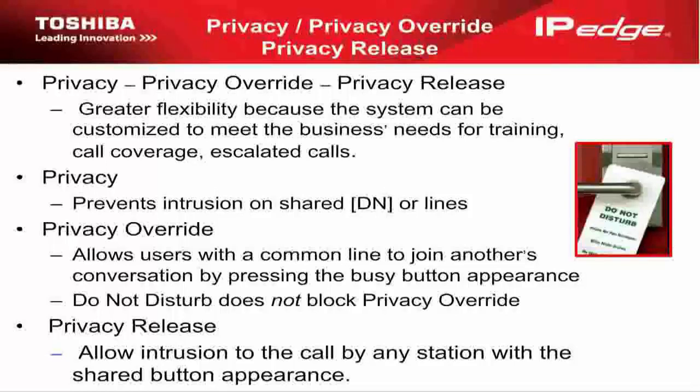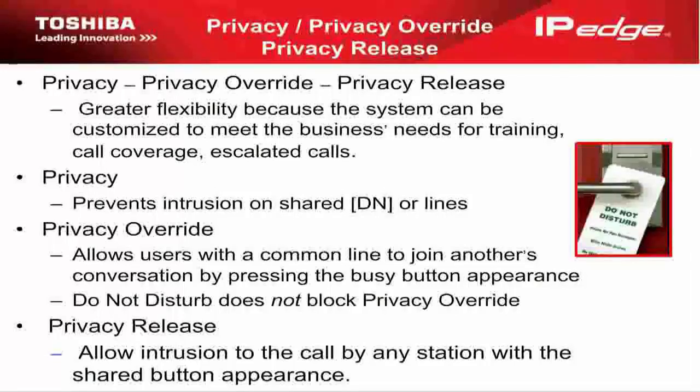If a telephone has a call on a DN or line button that appears on other telephones, the other telephones cannot intrude on the call by pressing the shared button unless the intruding telephone has the privacy override feature, or the telephone with the call activates the privacy release button.